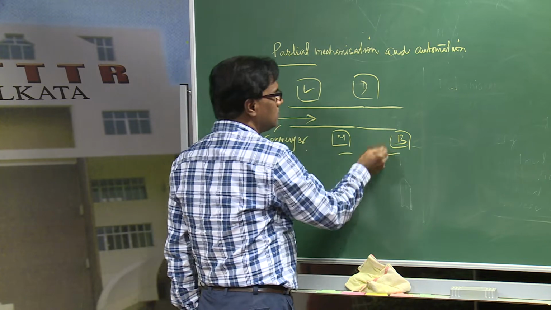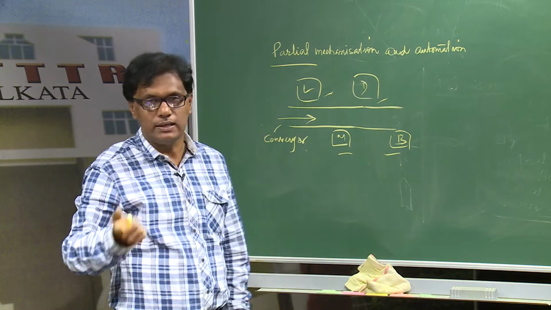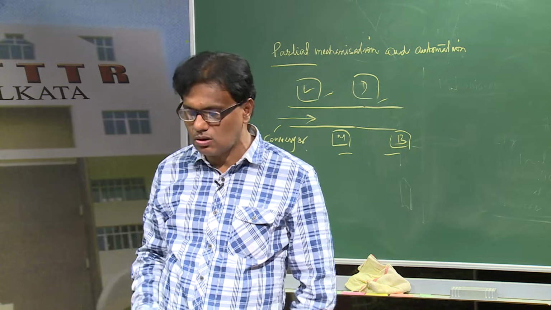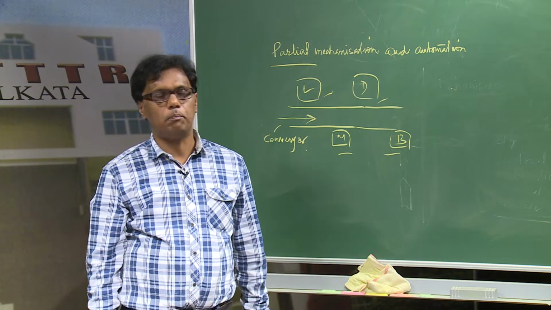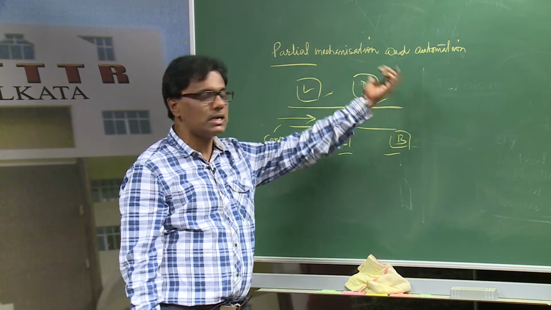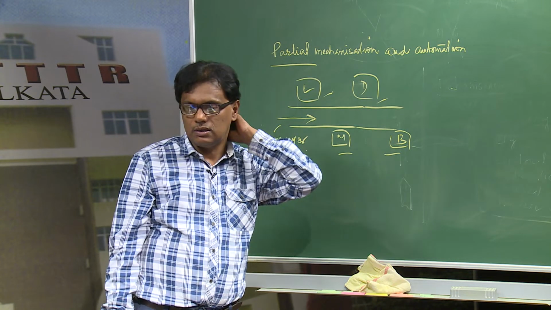And other machines are maybe manual. So, this type of mechanization is called partial mechanization and or automation.